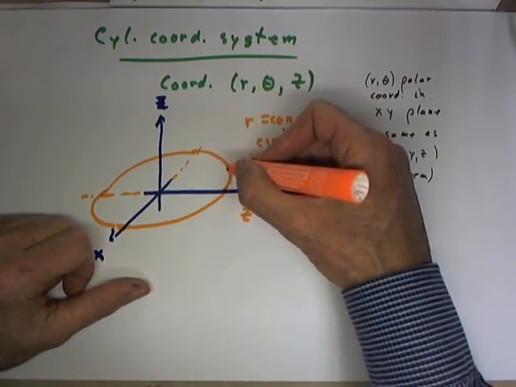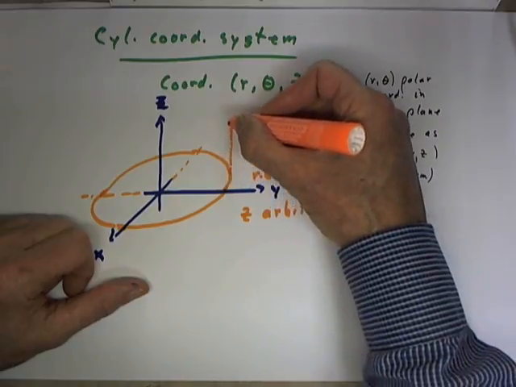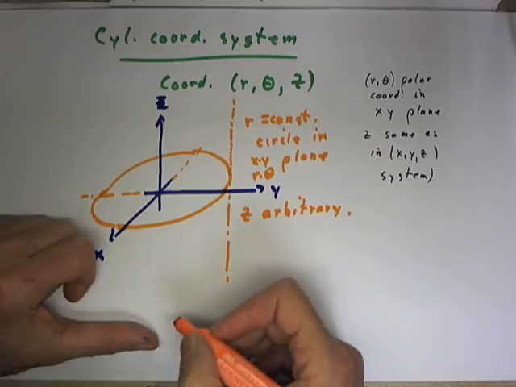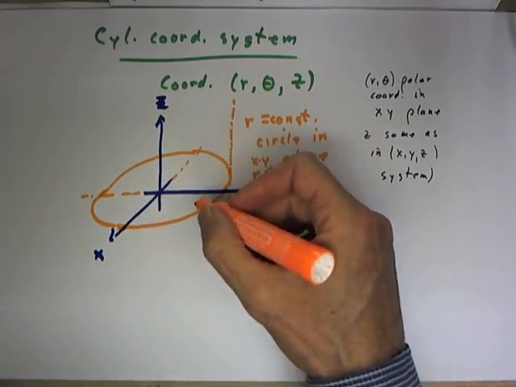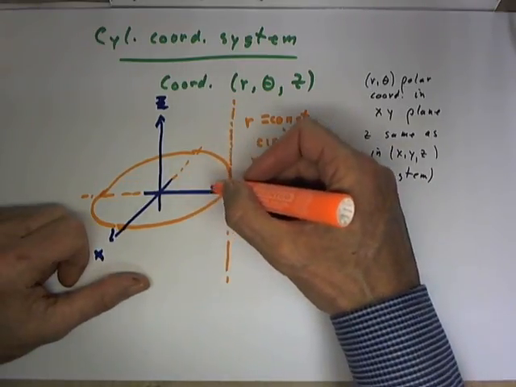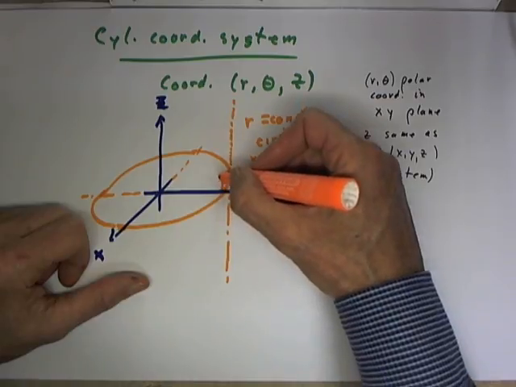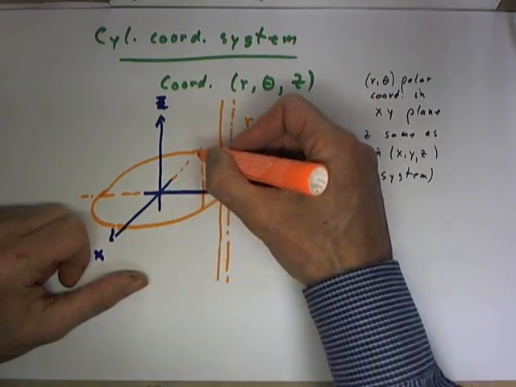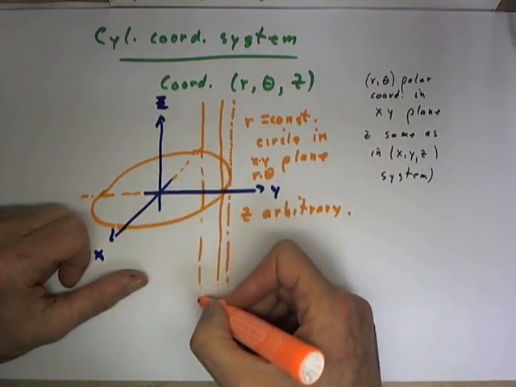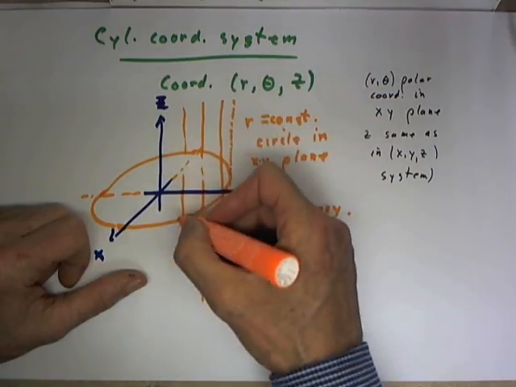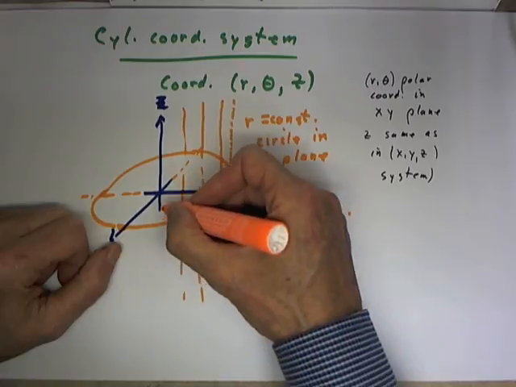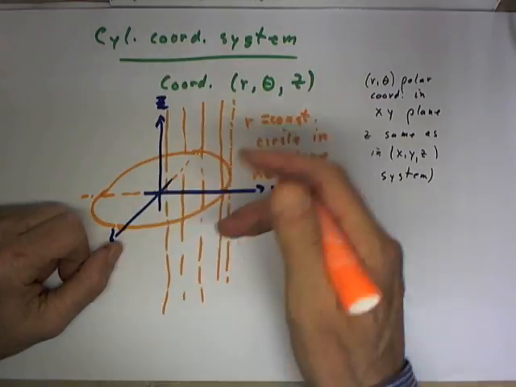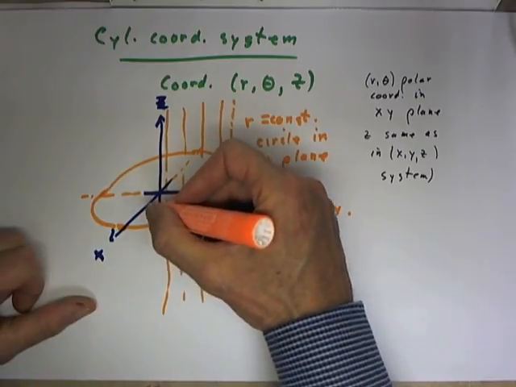So if we have a point here, we can go above or below that point as far as we like. And we can do the same for any point on the circle, giving us a picture that might look something like this. I'm not terminating these in the vertical direction at any particular distance.